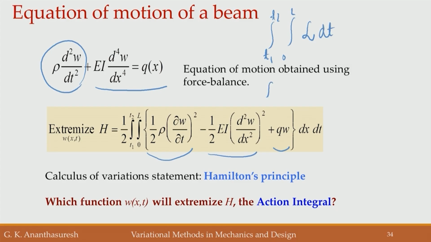This L is called Lagrangian. There is another kind of Lagrangian in optimization, we will come to that later. For now, this Lagrangian is kinetic energy minus potential energy.